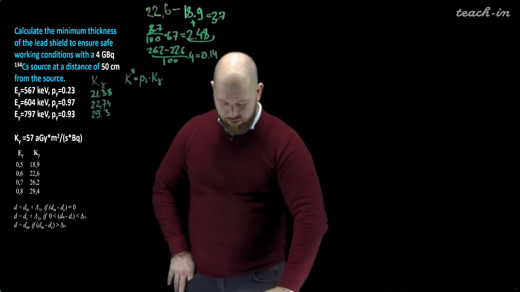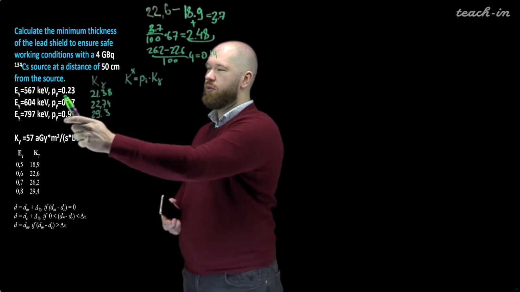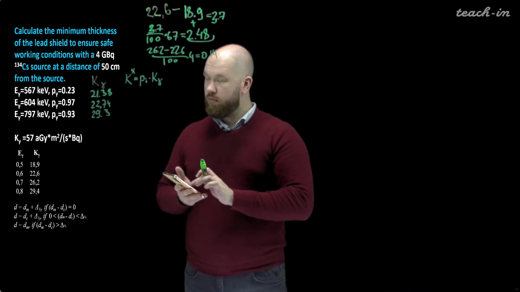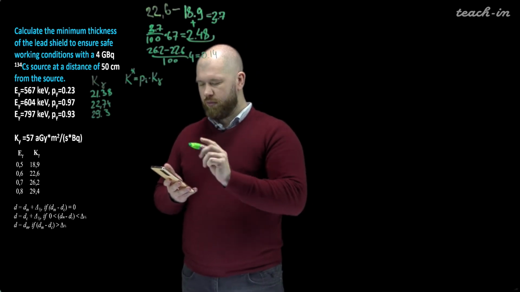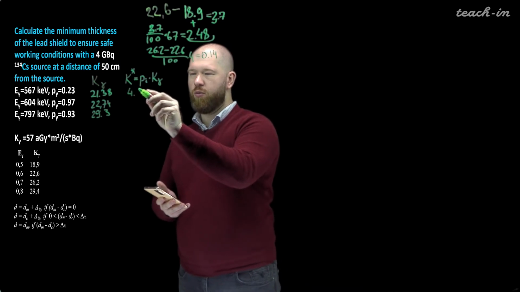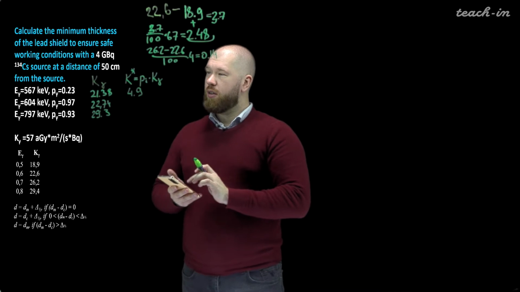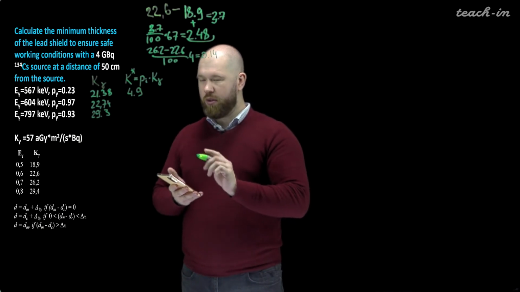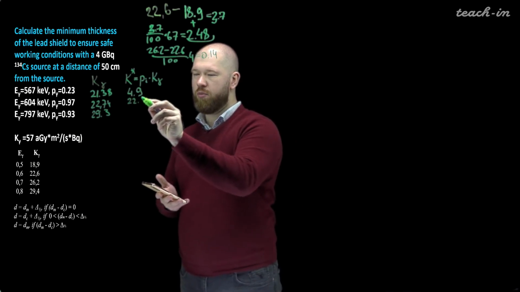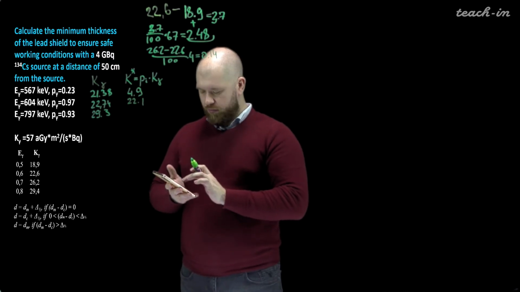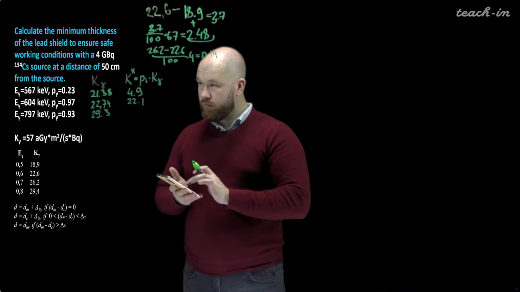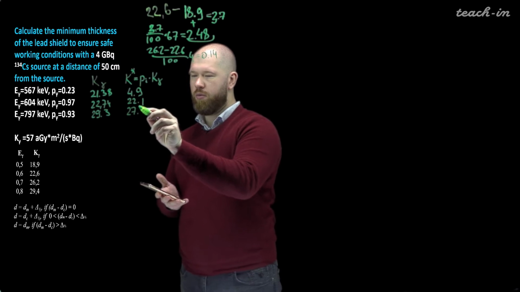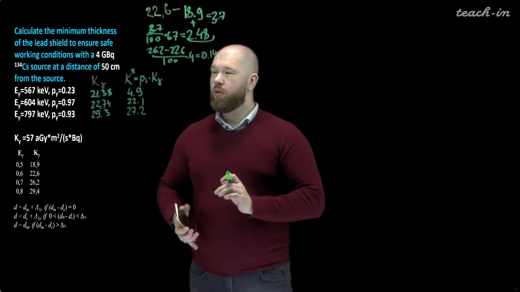So let's multiply these two numbers. In this case, it will be 4.9. I will write the round numbers, so it will be easier for us: 22.1, 27.2. Okay.